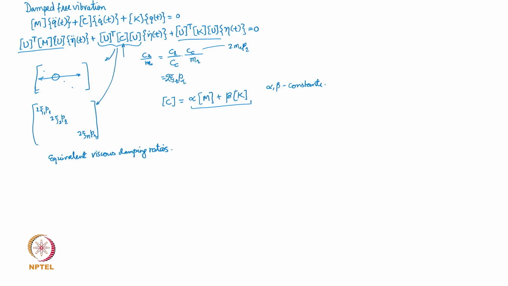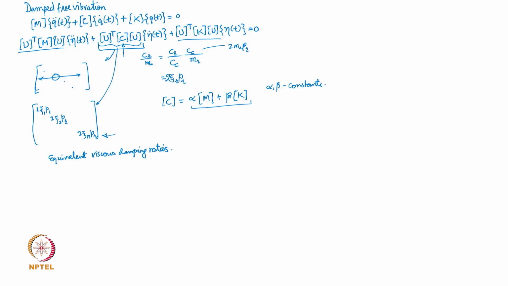So, one way is the modal damping, where all the diagonal elements of this product are treated as modal damping ratios, of course 2 into zeta r into Pr as the individual diagonal elements of the damping matrix.